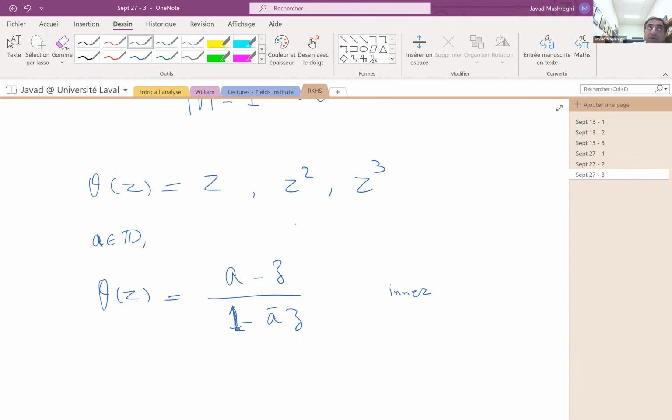So having inner functions, we can multiply them together and obtain other inner functions. So it gives opportunities to build more and more. Up to here, it's really elementary, even though it might be strange for you at the beginning of the theory. But if you want to go beyond that and recognize the family of inner functions, then you need more tools.